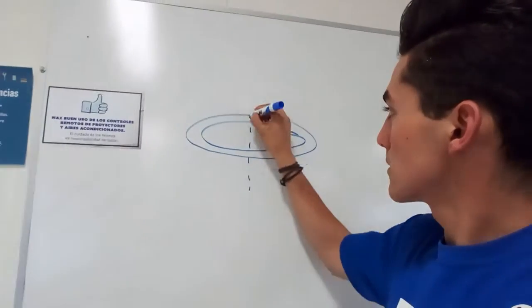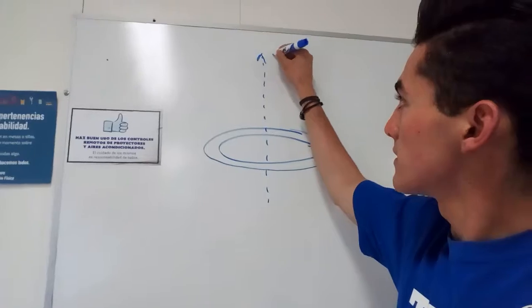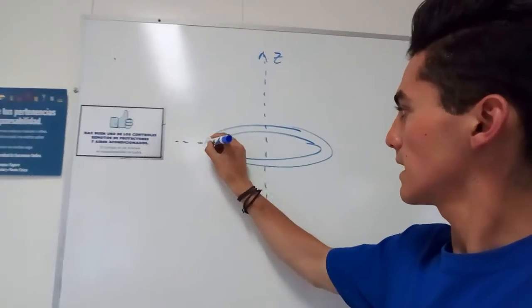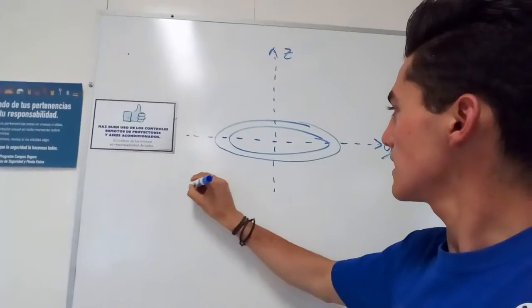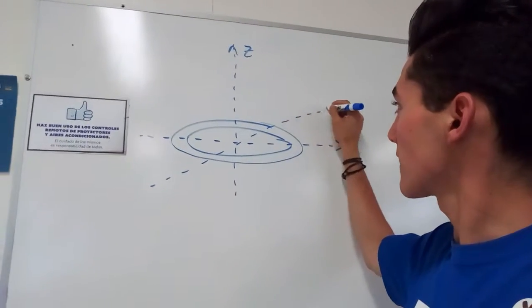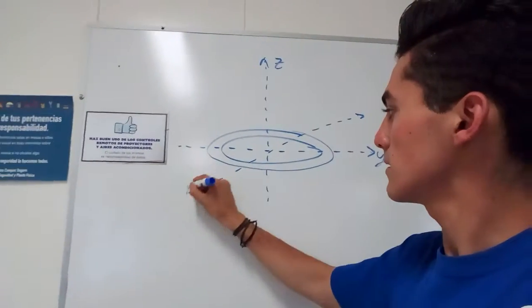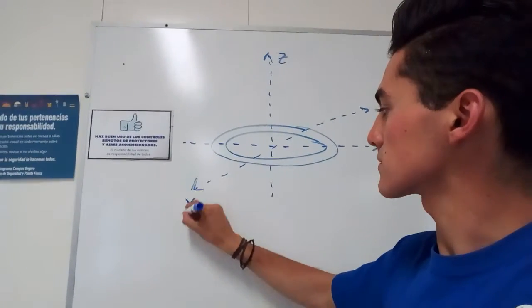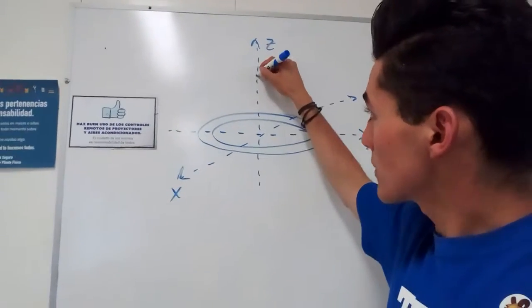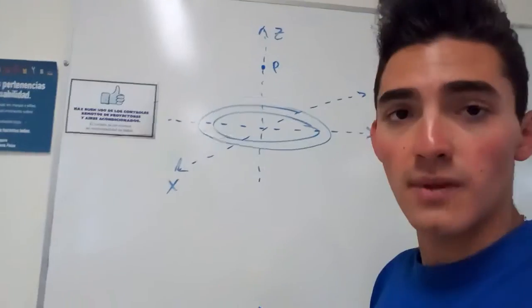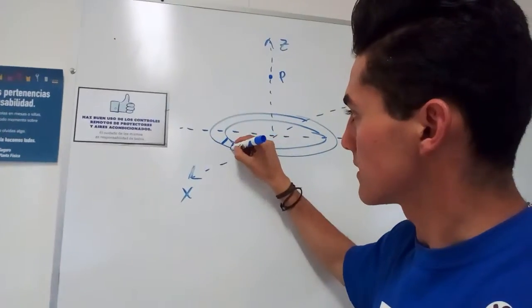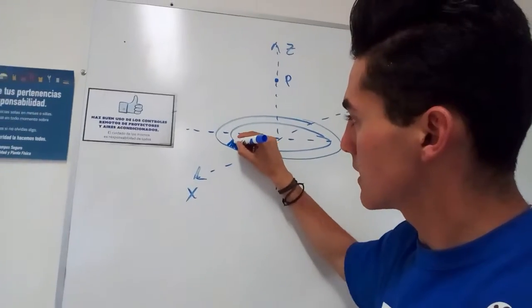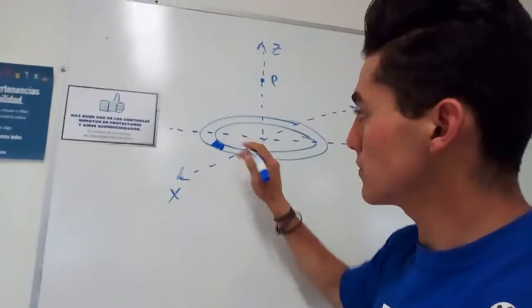And here we have the z-axis, here we have the y-axis, and this way we have the xy axis. Here we have a point P that exerts an electric force due to the ring.